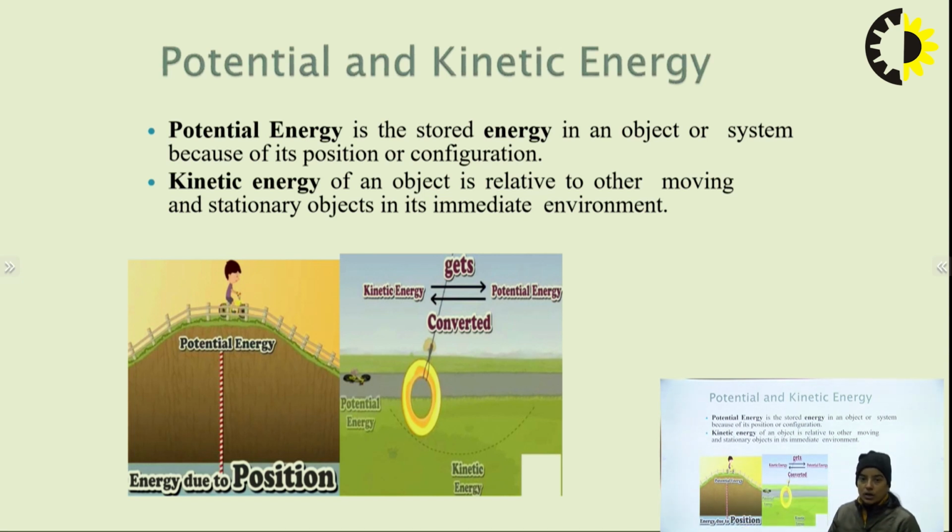From the basics of physics we know that potential energy is mgh: mass into gravitational constant into height. And suppose this water is flowing, then kinetic energy is there. Both kinetic energy and potential energy are convertible into each other. We can convert kinetic energy into potential energy, and potential energy into kinetic energy.